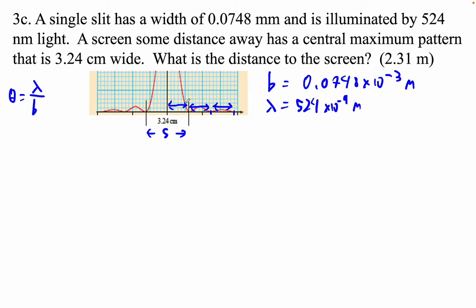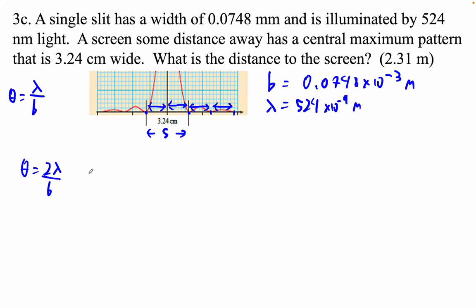So this width here is going to be 2 lambda over b. This angle between this spot and this spot is 2 lambda over b. And the reason for that is that each one of these little intervals is lambda over b, so lambda over b plus lambda over b is 2 lambda over b.